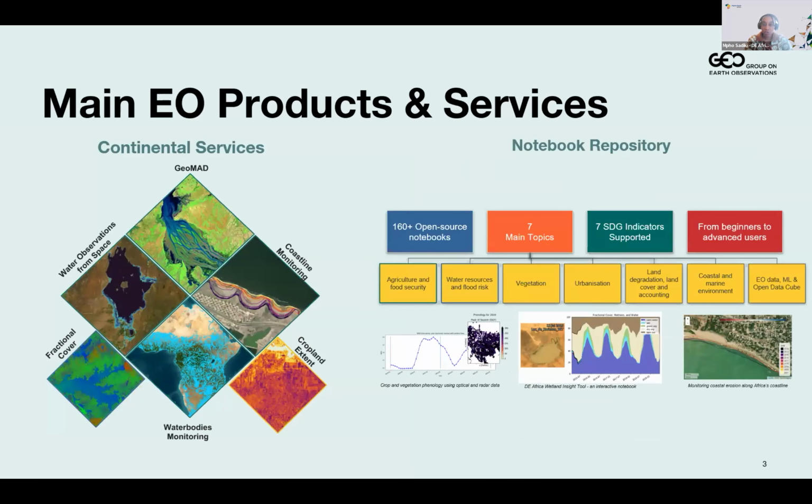So building on that infrastructure, we provide two key components. We have the continental scale services, and a supporting notebook repository. So with the continental scale services, we provide consistent, ready-to-use information across Africa. So this is value-added products on the already provided satellite imagery that we bring into our data cube. So these include products such as water observations from space, fractional cover.